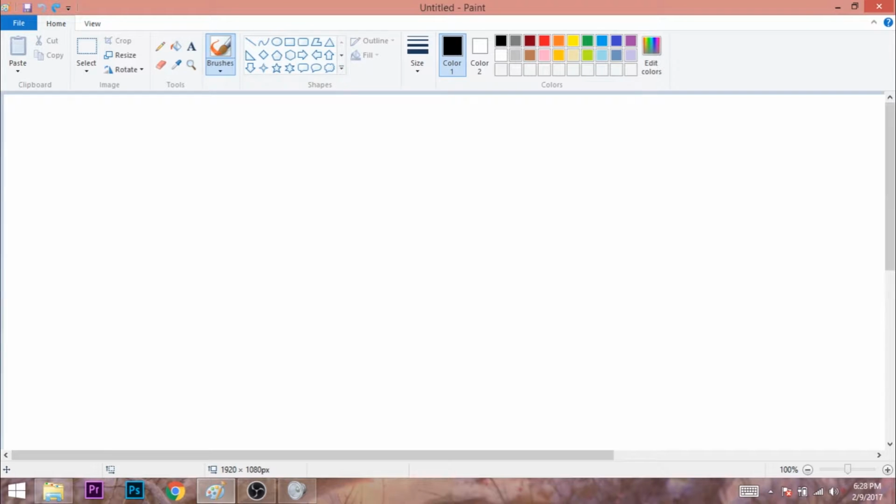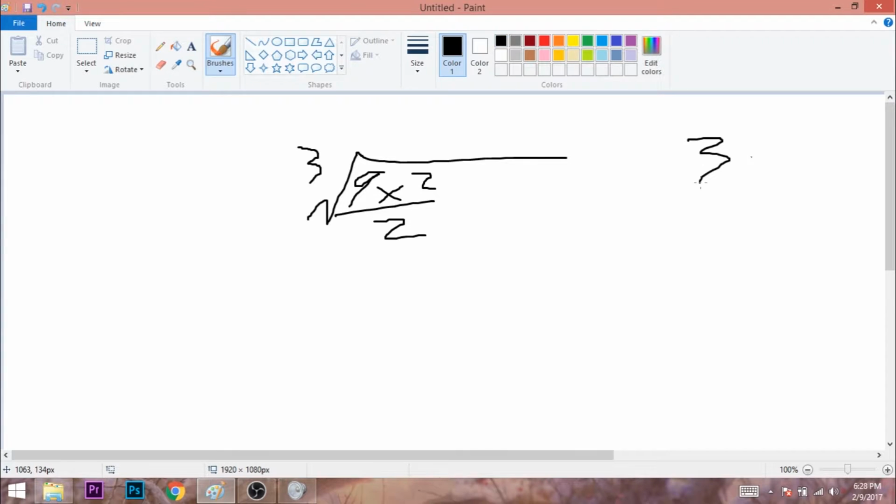Now I'm going to divide rational expressions. So let's say I have something like the cube root of 9 times x squared, all over 2, right? What am I going to do first? Well, can I find the cube root of 9? No, since 9 is 3 times 3.